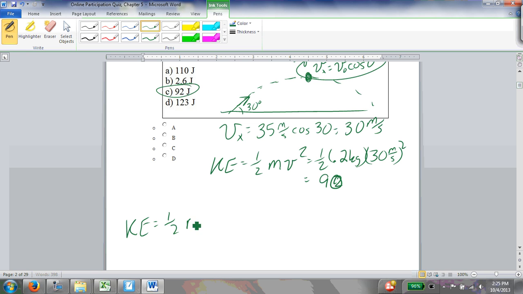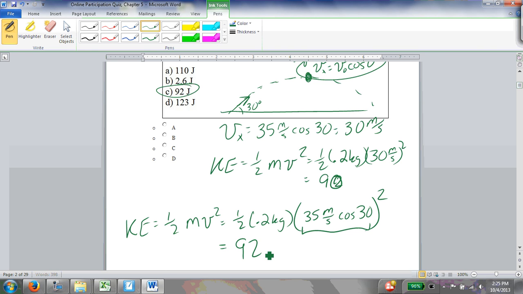I put it in my calculator a little bit differently. I squared this number, so I kept more decimal places for this number, and that's equal to 92.